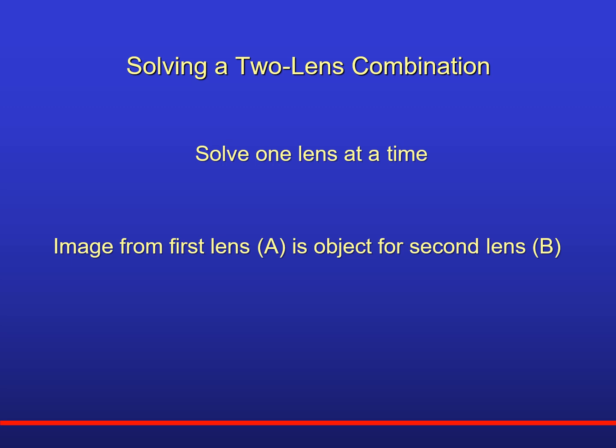We call the second lens capital B. The third rule, the overall magnification is the product, the magnification from the first lens, M sub A, times the magnification from the second lens, M sub B. If you need to pause the video, write down those three rules so you have them on a piece of paper, and you can refer to them as we solve the problem.